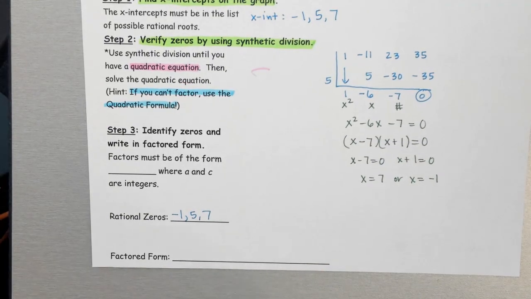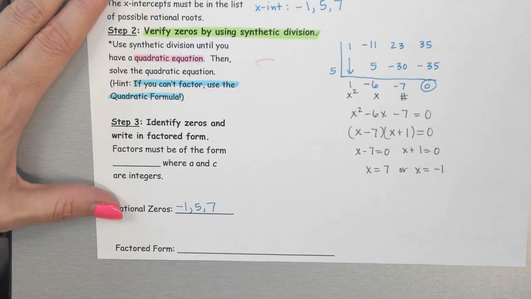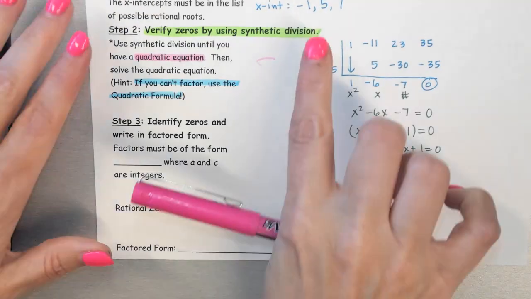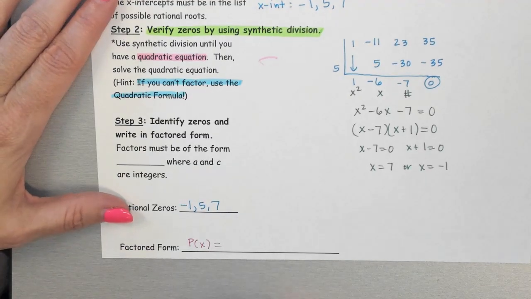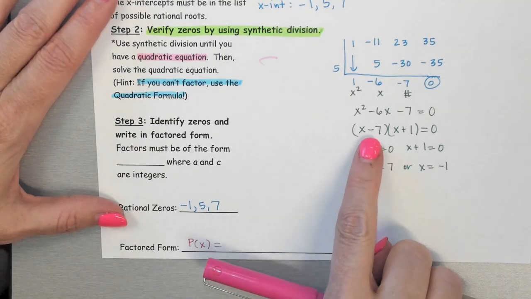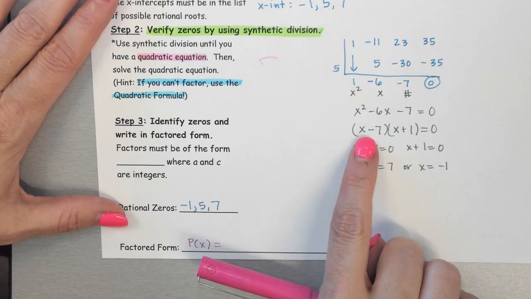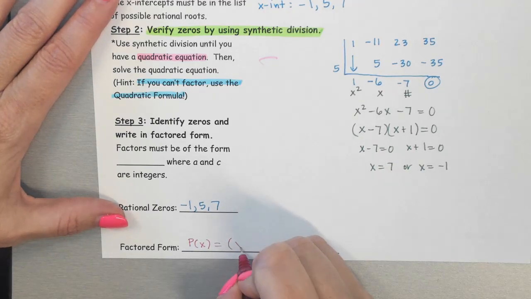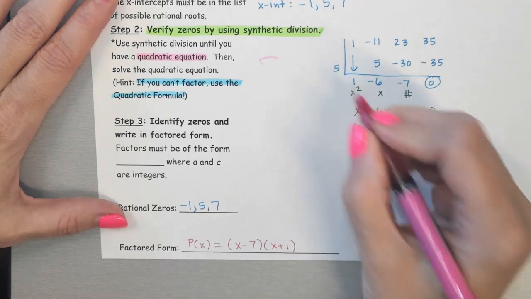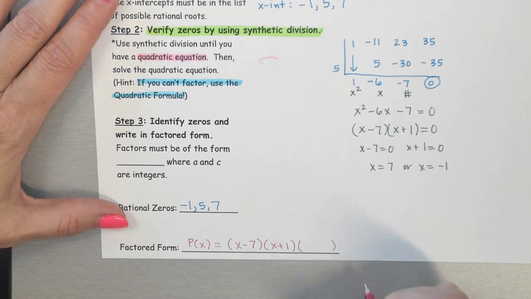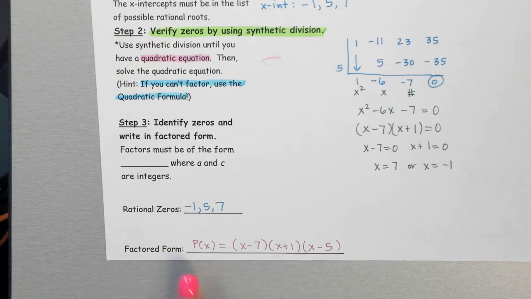That's why I said when you're doing this on your homework, it is perfectly fine if you find your x-intercepts and then write them in factored form. So you can also use this factored form here. You have x minus 7 times x plus 1. And then how would we write 5 as a factor? X minus 5. Okay, so those are going to be your answers.